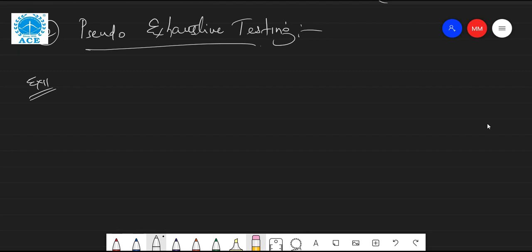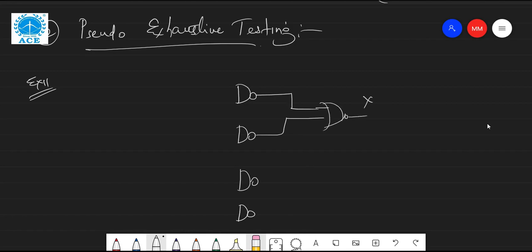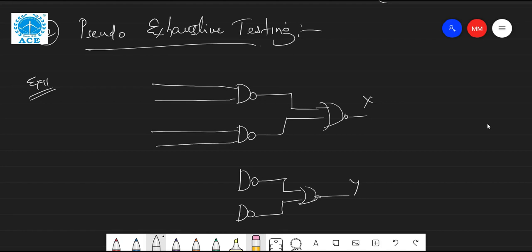For example, if I consider AND gate, AND gate, AND gate, with X, Y. Any gates you can consider here, not only what I'm drawing. I took this NAND gate here.